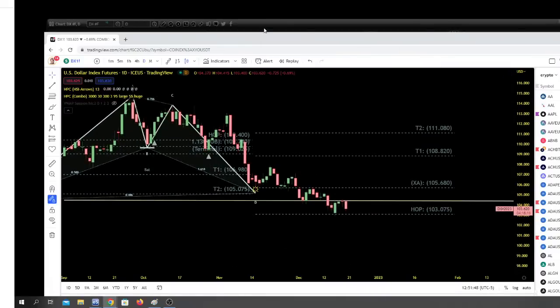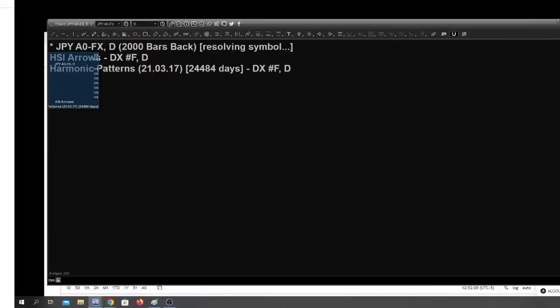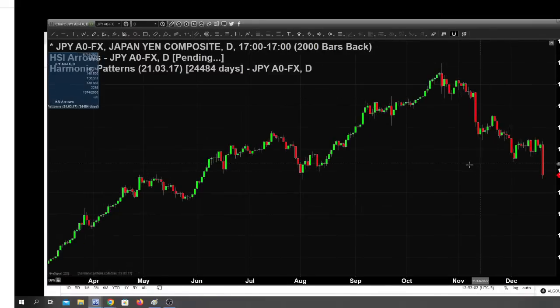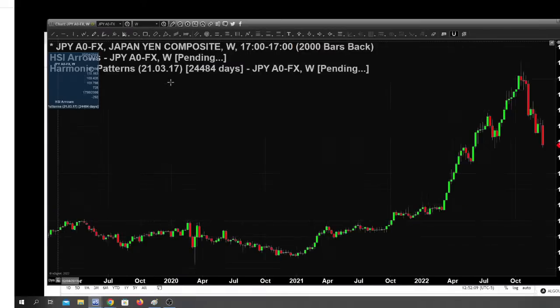Let me show you the Japanese yen, because that was a big one. And if that's the start of, there's dollar yen. Yeah, that's a big one. This was, I think, a weekly crab. Hold on.